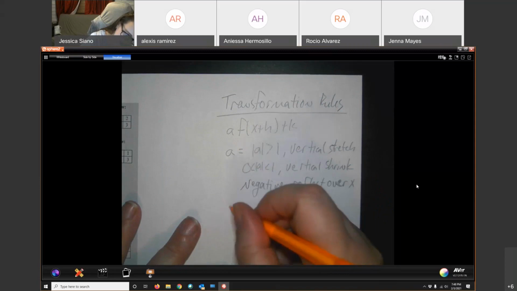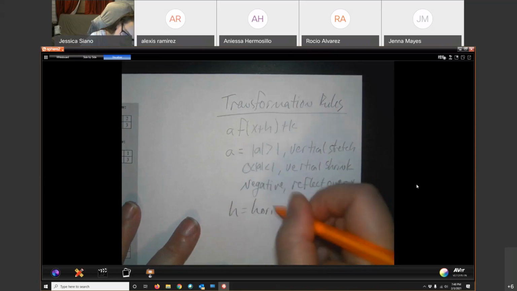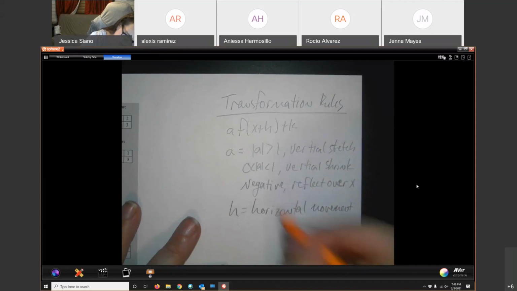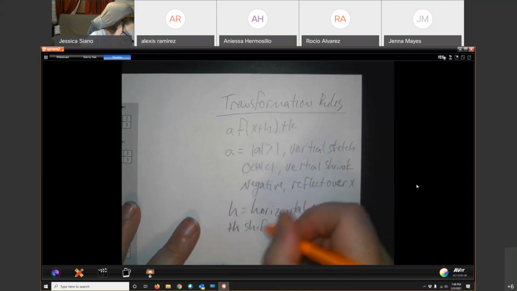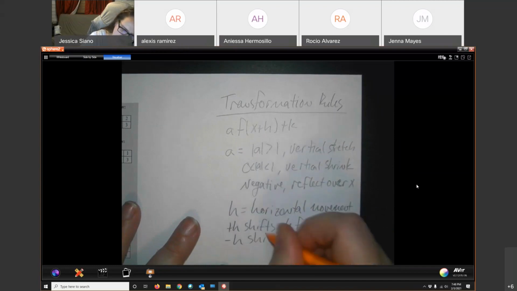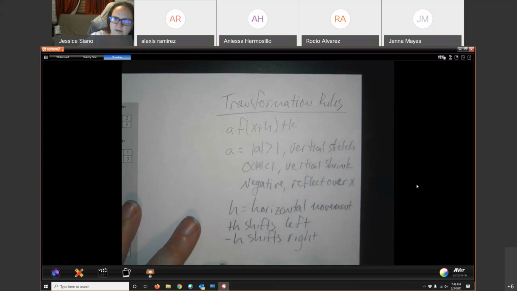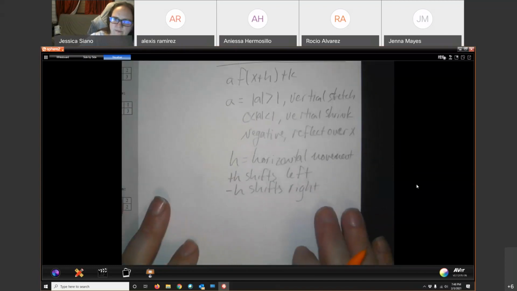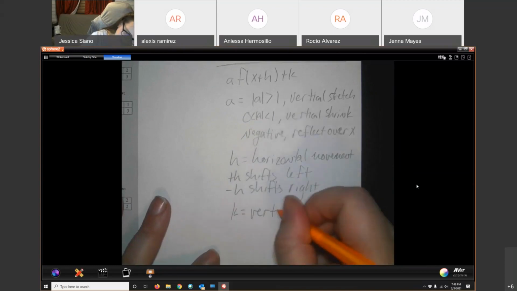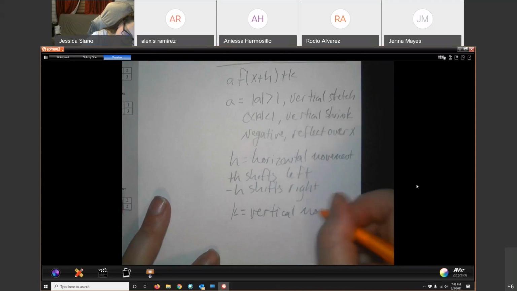And then H tells us horizontal movement. A plus H shifts left, and a minus H shifts right. K tells us about vertical movement.